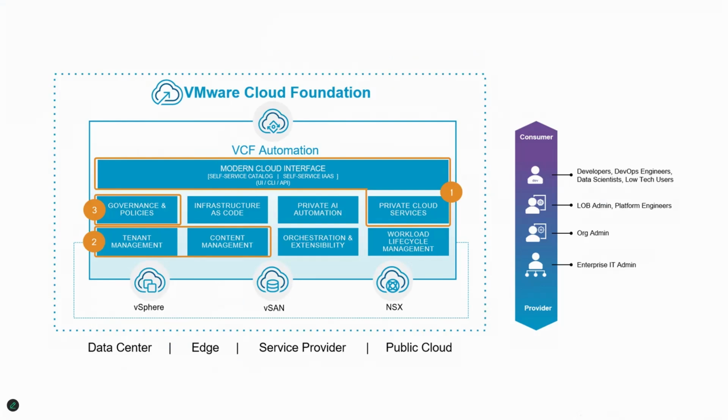Okay, so last class we discussed VCF automation and its components from the architecture perspective, because we are exploring the architecture diagram one by one. We started with VCF fleet, then VCF automation, then we completed VCF automation.